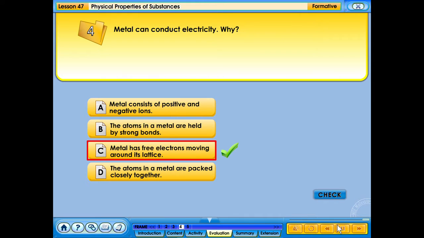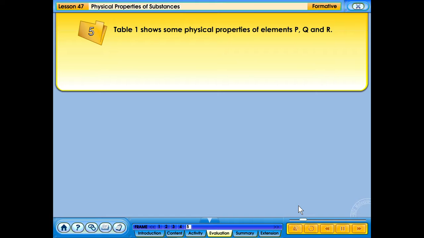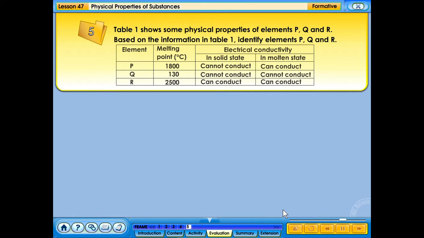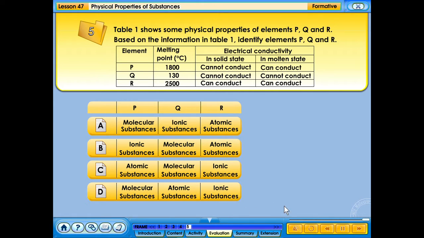Your answer is correct. Table 1 shows some physical properties of elements P, Q, and R. Based on the information in Table 1, identify elements P, Q, and R. Your answer is correct.